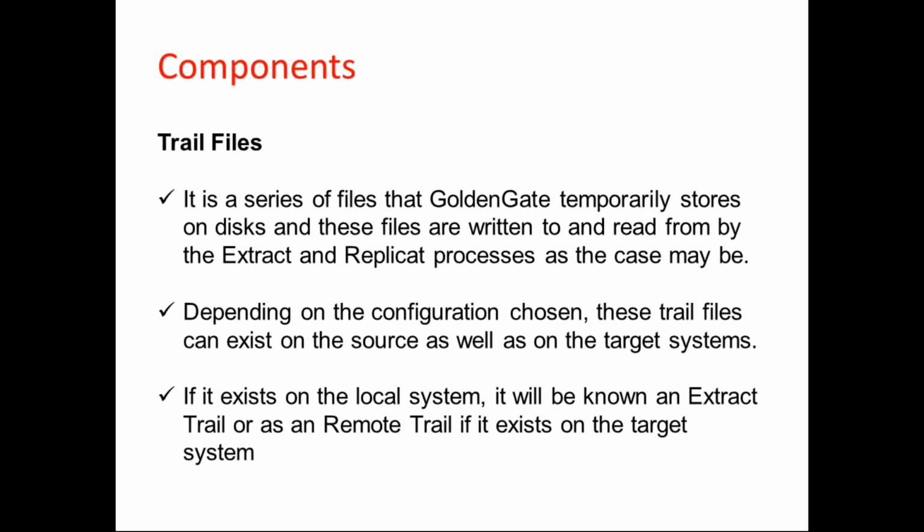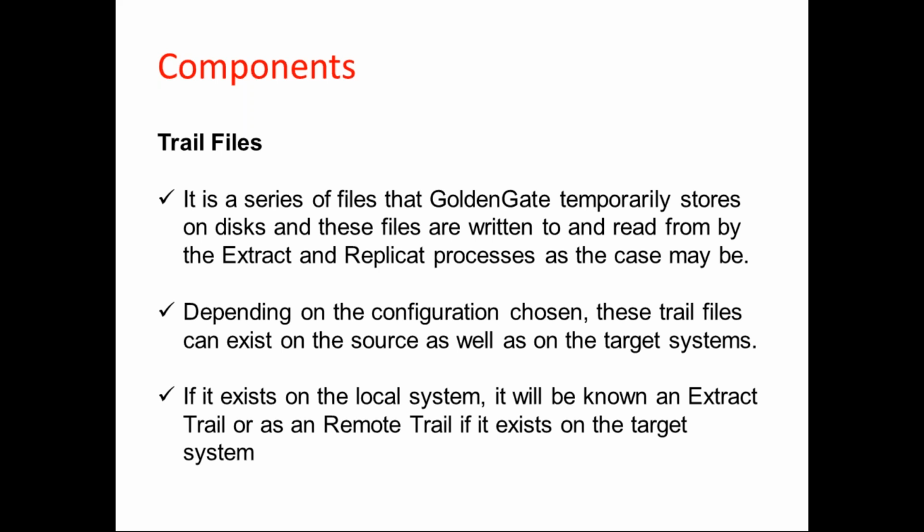If it is available in the target system, it will be written by the collector process. So depending on the configuration you choose, it can exist on the source as well as on the target, and in case of initial load, it may or may not be used.